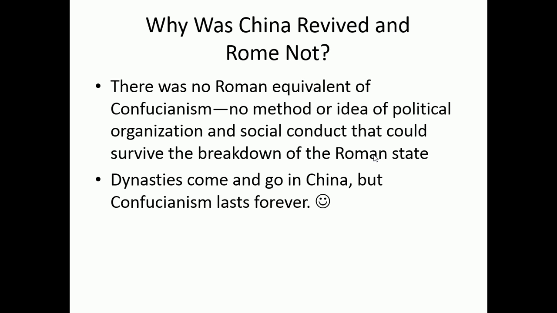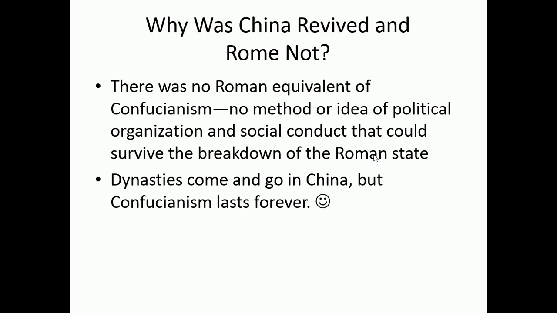So here's the little sort of reasoning. Rome doesn't have a centralized version of their ideology as China does. Although the idea of Rome as a political entity was very strong, the idea that Rome was glorious, that Rome brought civilization and peace to its people was there.